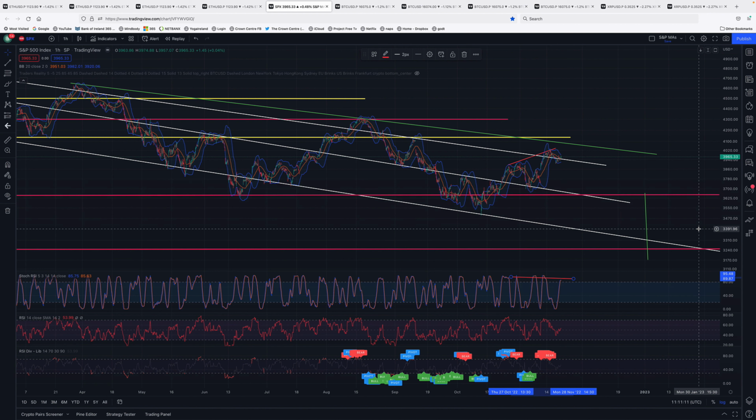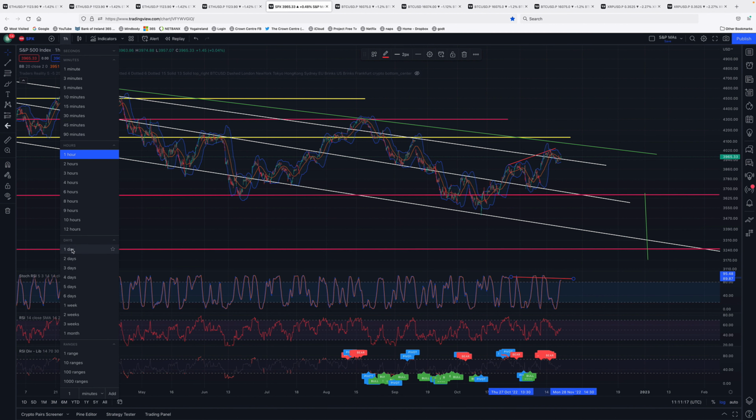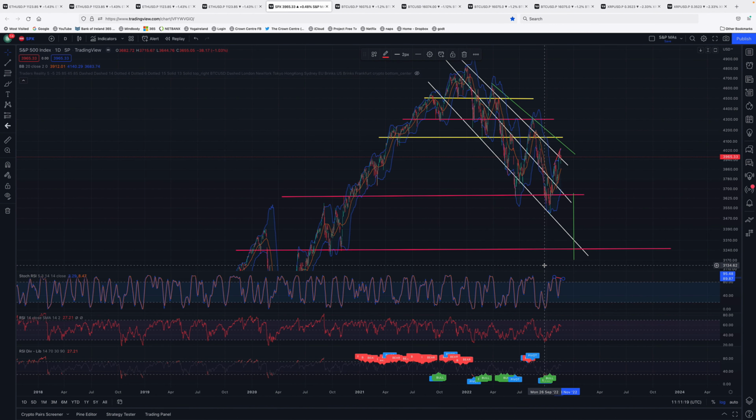So, in a nutshell, for the S&P, the trend on the daily and on the 4 hourly is down, which means that the lift that we've done is complete, which means that the S&P looks like it's going to push down, and that would be supporting the trend for crypto to move one more leg down.